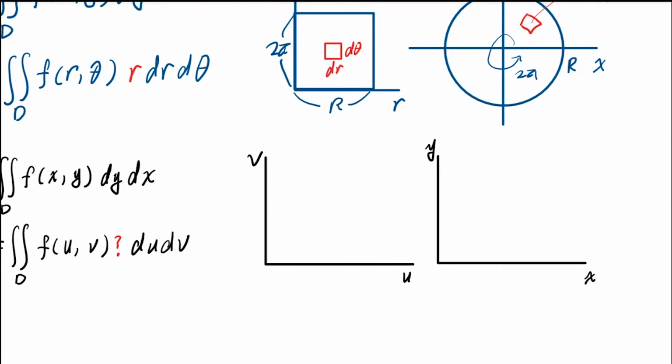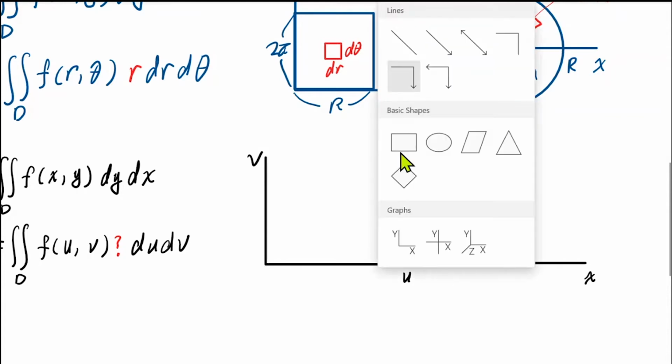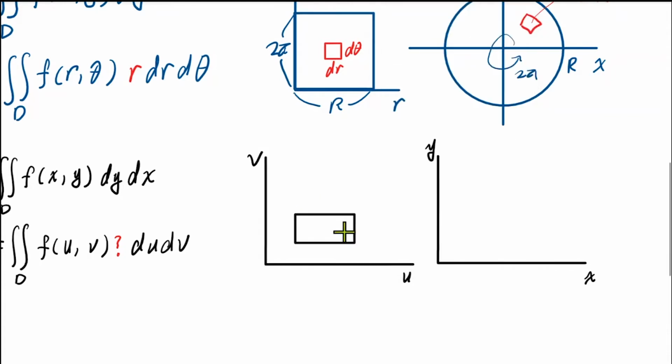Now, if I draw a little tiny rectangle here, maybe like that, does it look tilted to you? It is tilted, isn't it? Dang, that's so weird. Let's just, oh, that's big. Say it is this. Okay. So this side is du and this side is dv, isn't it?